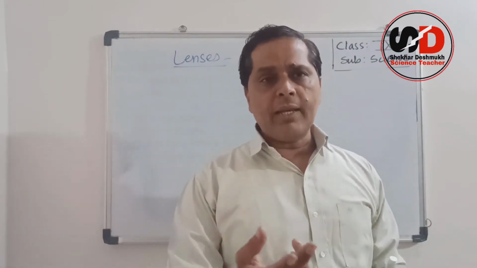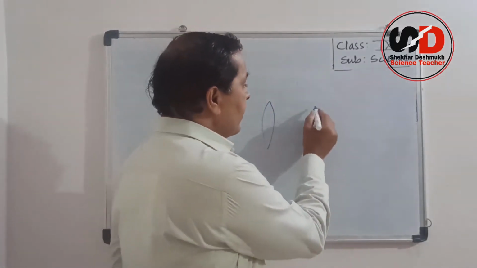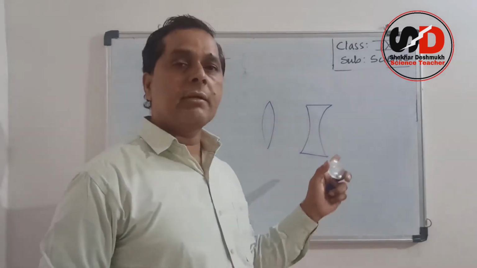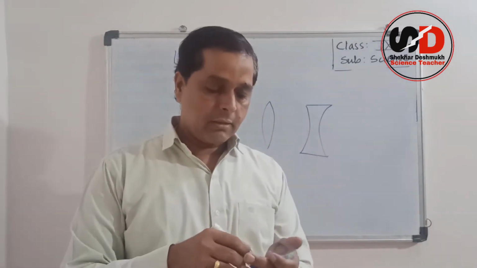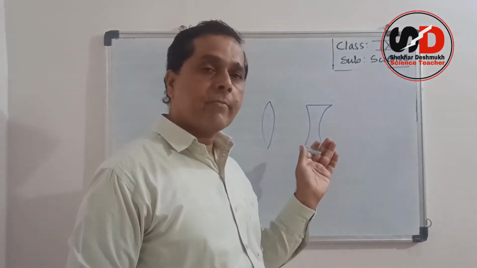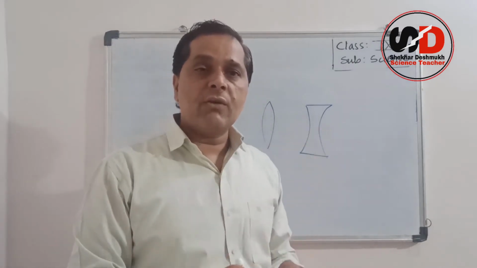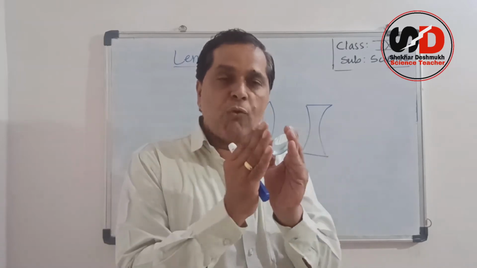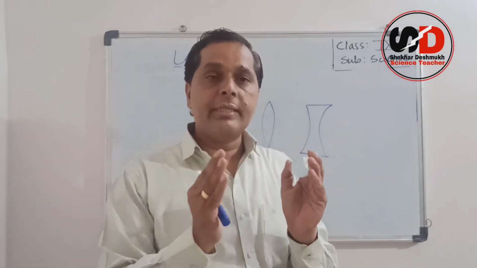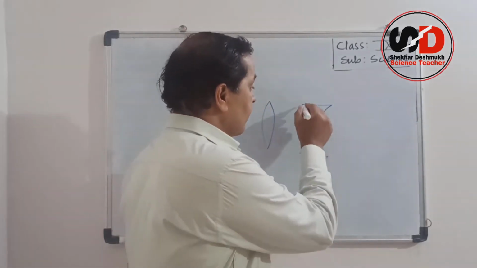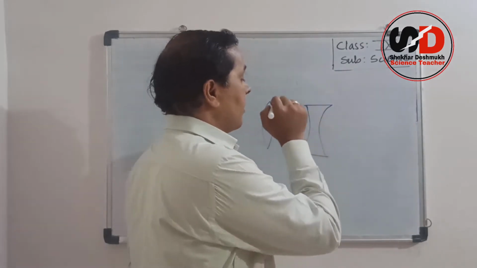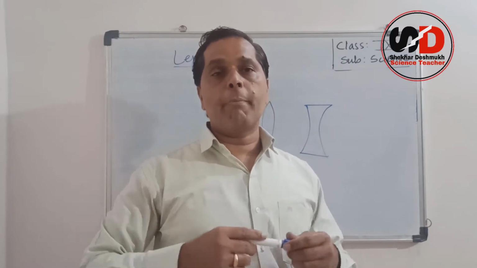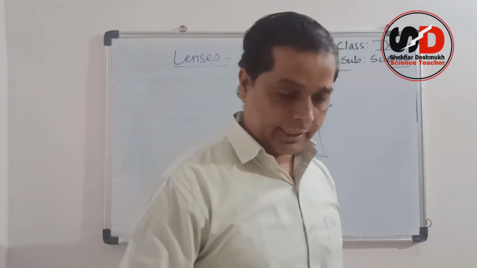The second type of lens we use in daily life is the concave lens. If both the surfaces of the lens are curved inside, it is called a concave lens, biconcave lens or double concave lens.